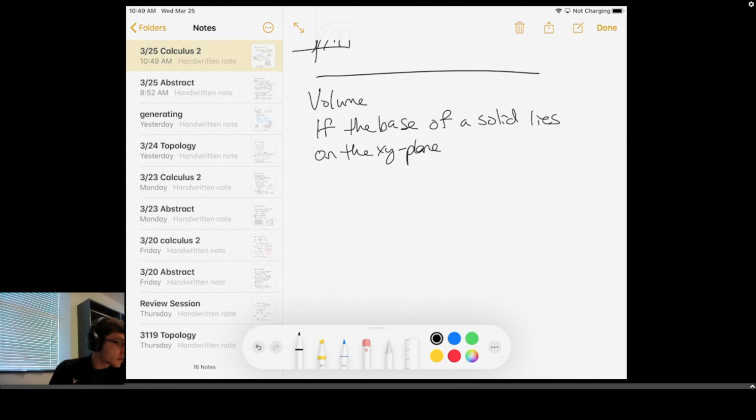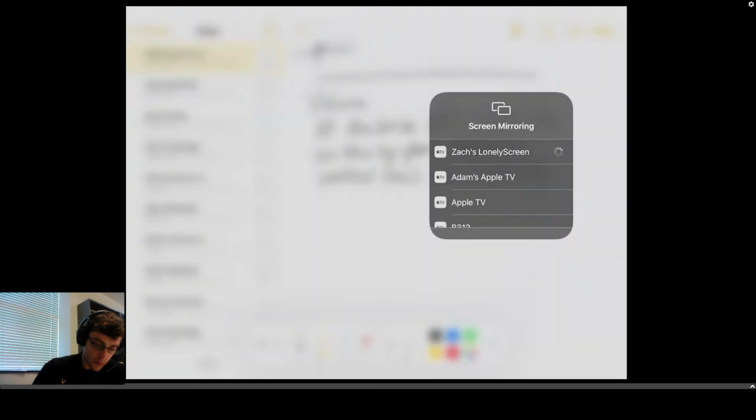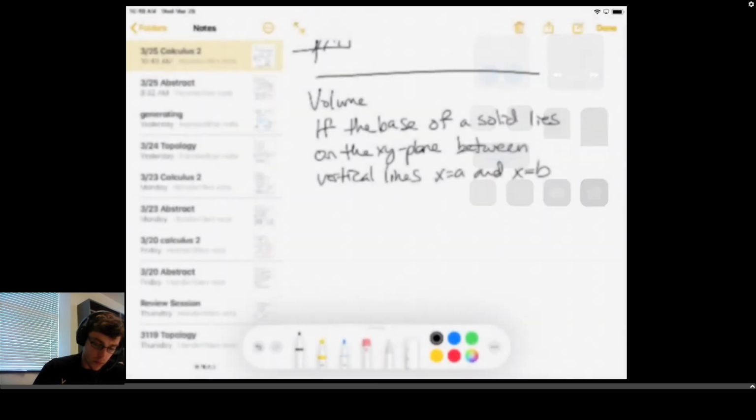Maybe I should have had this already written, but between vertical lines x equals a and x equals b, this kind of gives you your bounds for your integral, right? All right, we're back.